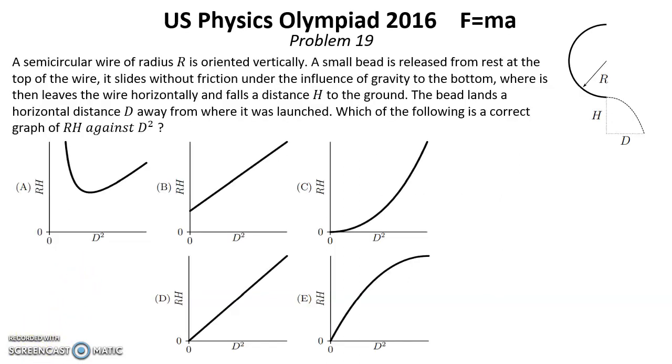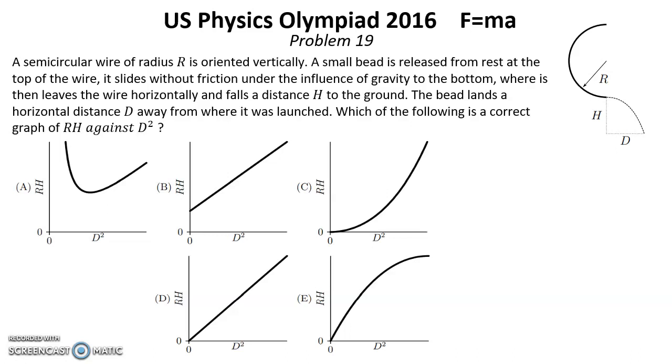Problem number 19. A semicircular wire of radius r is oriented vertically. A small bead is released from rest at the top of the wire. It slides without friction under the influence of gravity to the bottom, where it then leaves the wire horizontally and falls a distance h to the ground.